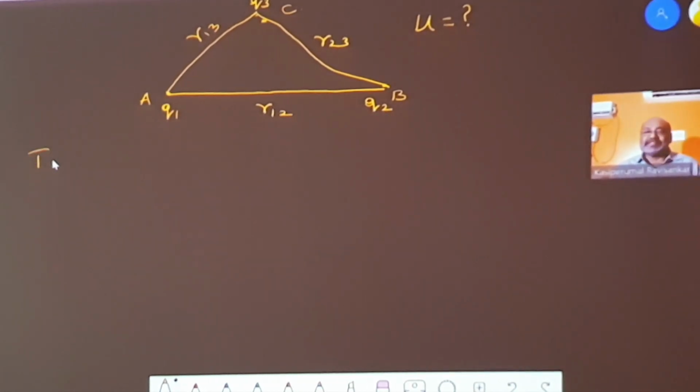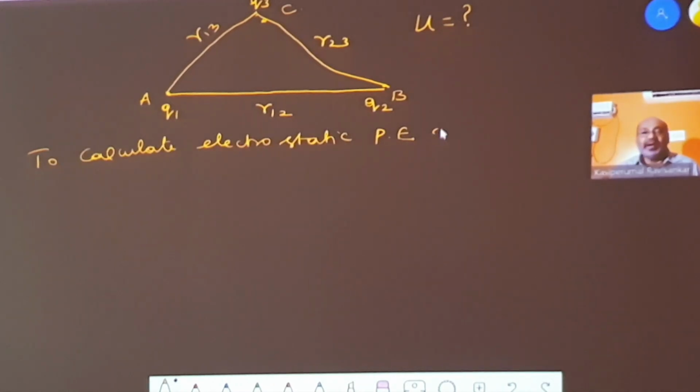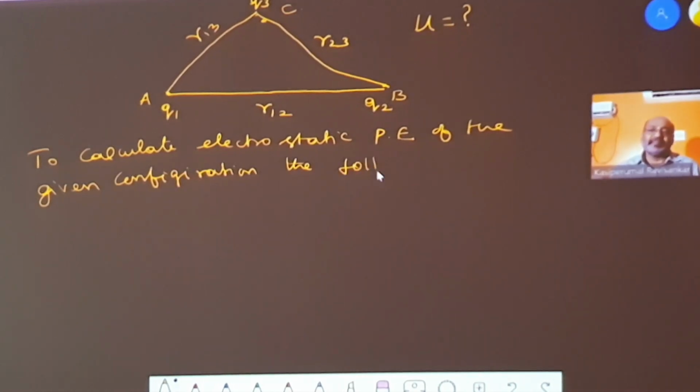To calculate the electrostatic potential energy of the given configuration, the following procedure is adopted.